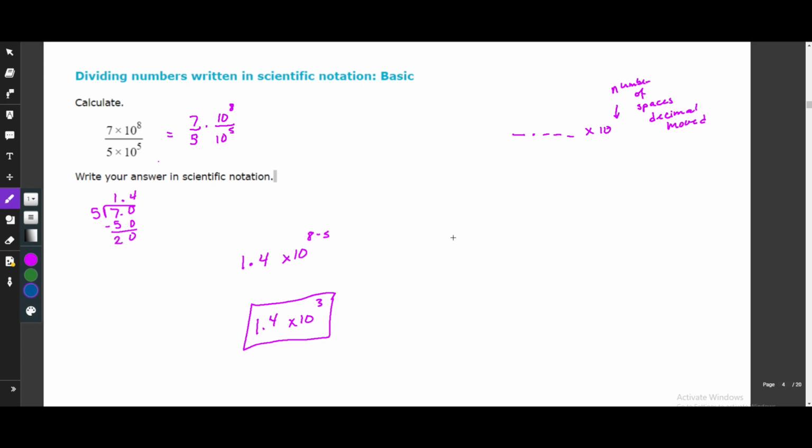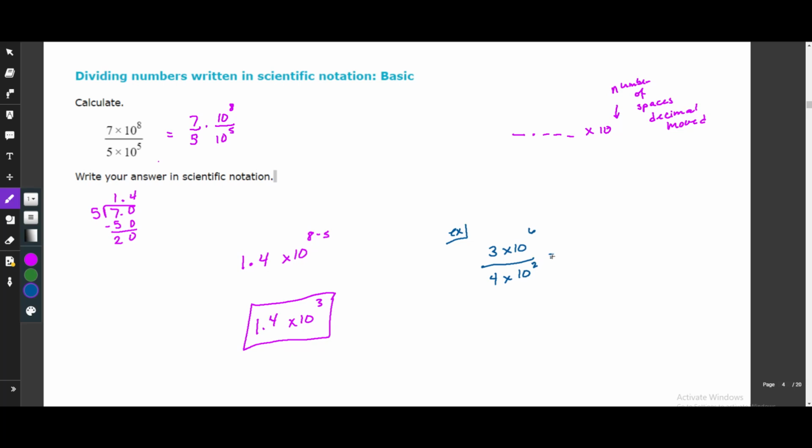So if we have an example, let's make it not so bad and call it 3 times 10 to the 6th, divided by 4 times 10 to the 2nd.